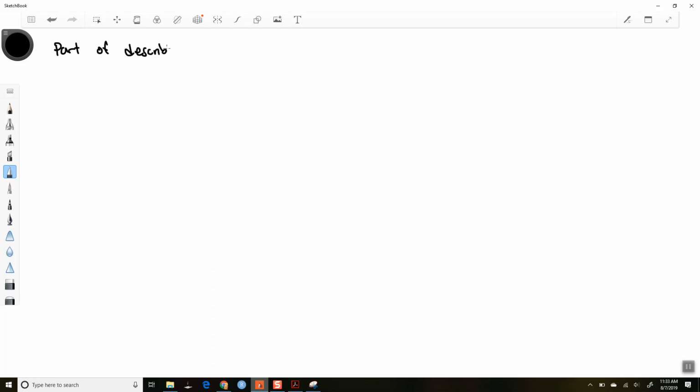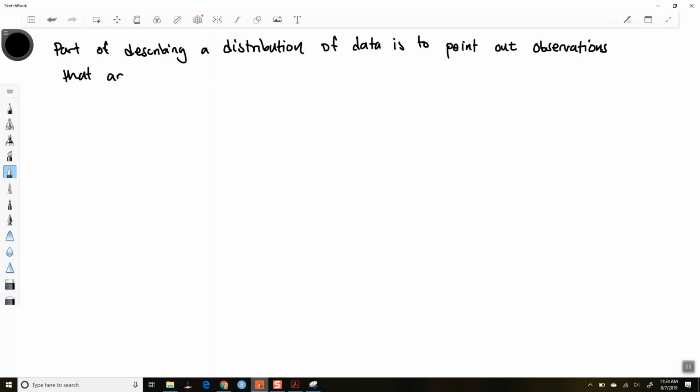Part of describing a distribution of data is to point out observations that are unusual, or what we sometimes call outliers.